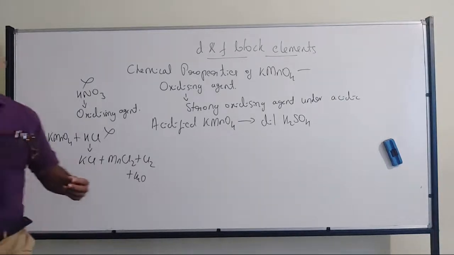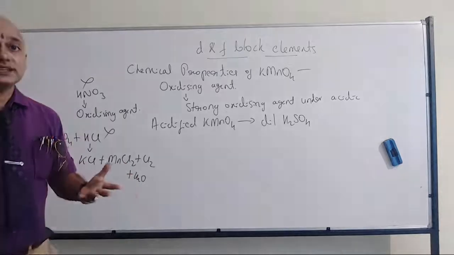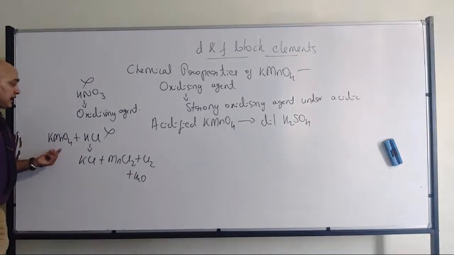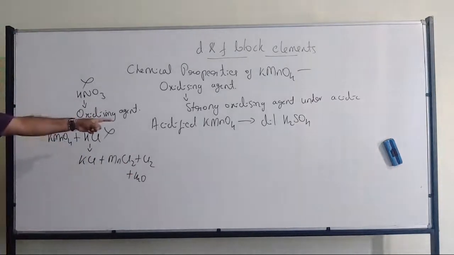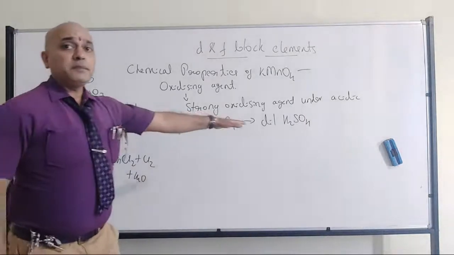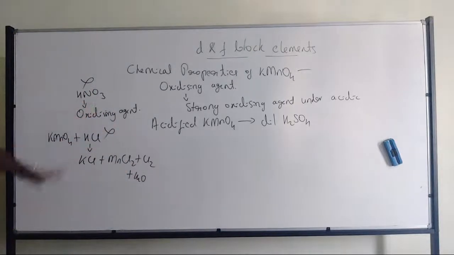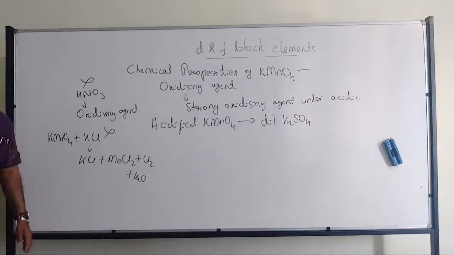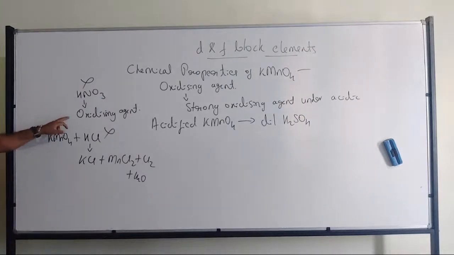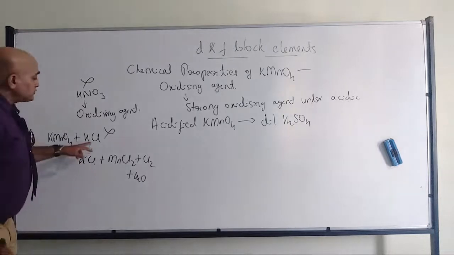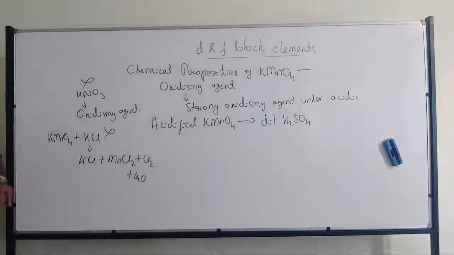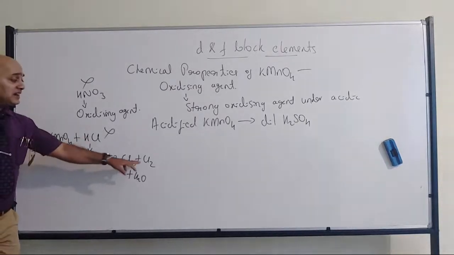So these are some of the points which may help you in your competitive exams. Please remember, acidified potassium permanganate will always be prepared using sulfuric acid. There is no question of nitric acid, because nitric acid itself is an oxidizing agent. And they are not going to use HCl because HCl, which is a mild reducing agent, is going to react with the KMnO4 to form this salt and chlorine gas.